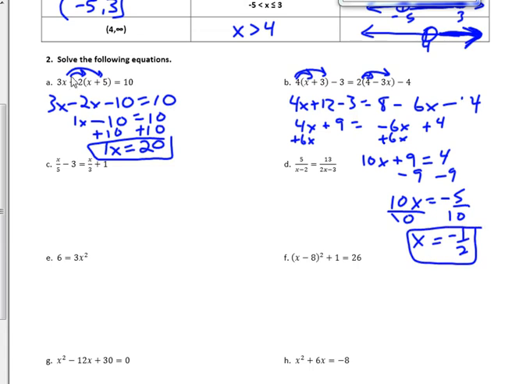For the next one, I've got a denominator in here, so I want to get rid of the denominator. Well, the common denominator between the 5 and the 3 is 15, so I'm going to multiply all of these things by 15.